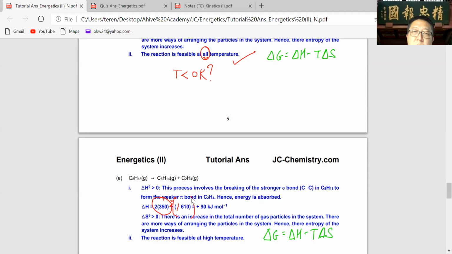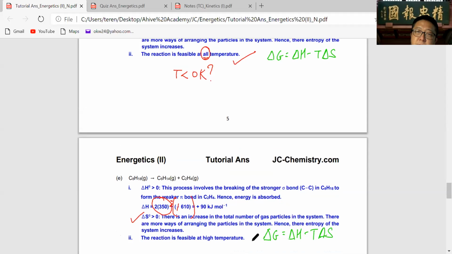You end up with positive 90 kilojoules per mole. Okay, energy is absorbed, if you want to use the actual value to calculate. But how about entropy? Entropy is two molecules on the right, one molecule on the left. So entropy increases. Increase in the number of gas particles. Same idea to explain. So it's feasible at high temperature.